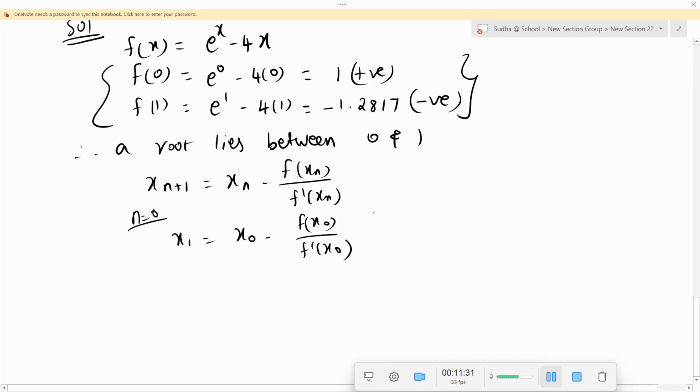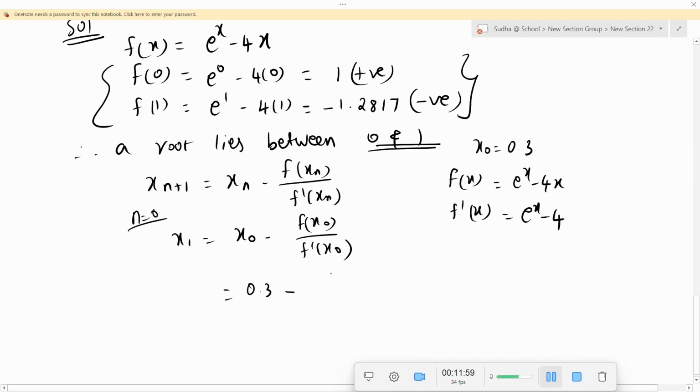So I'm taking here x naught value between 0 to 1, I'm taking x naught value 0.3. Here the given function is e power x minus 4x. We differentiate with respect to x, e power x minus 4. So we substitute x naught value 0.3 minus f of 0.3 divided by f dash of 0.3.